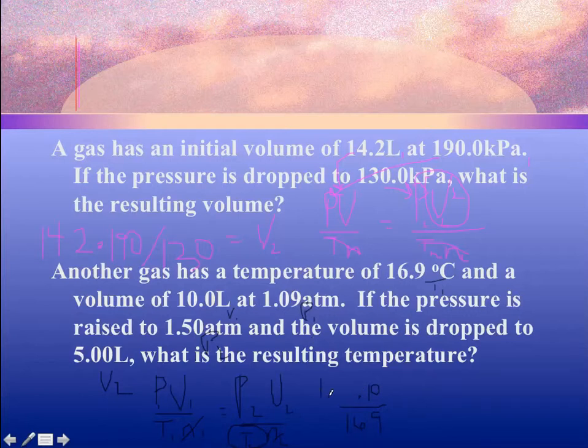Volume 10 times 1.09, and then we have equal to P2, so that'd be 1.5, and notice I'm leaving out the units, which is normally bad, but since I'm drawing with this goofy pen and a mouse, I'm kind of leaving them off.